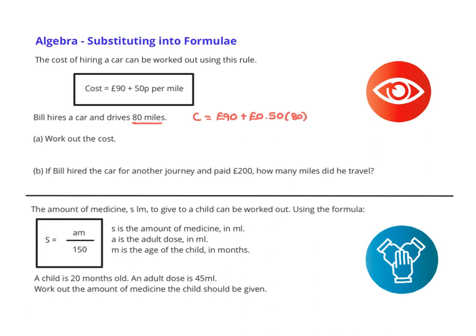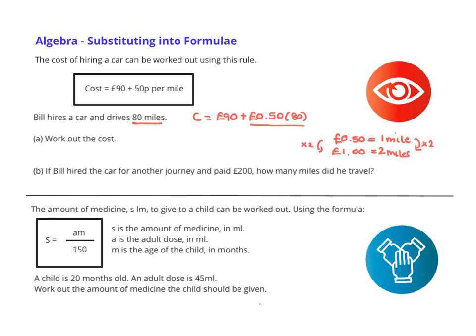Now I need to work out how much I had to pay for those 80 miles. So on the side I'm going to say that 50p was equal to 1 mile, and if I double that I'll work out that 2 miles would have cost me £1.